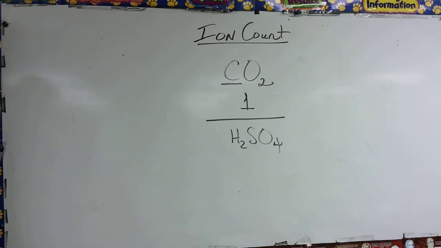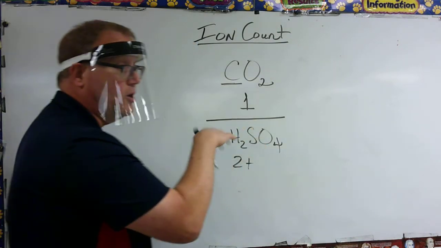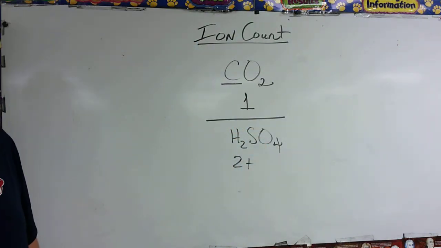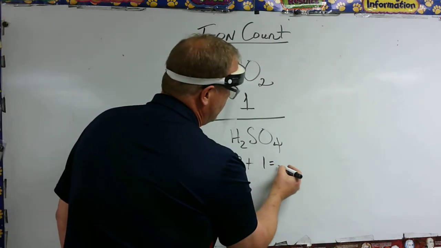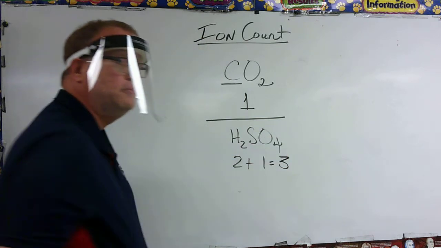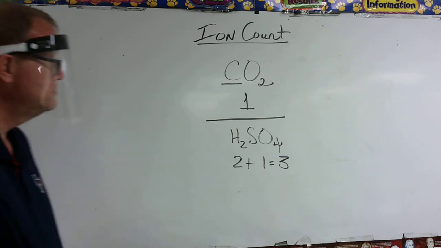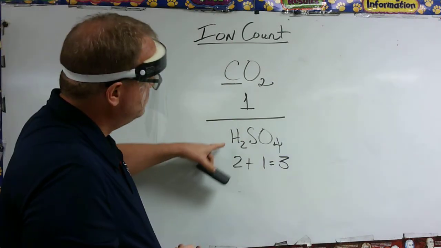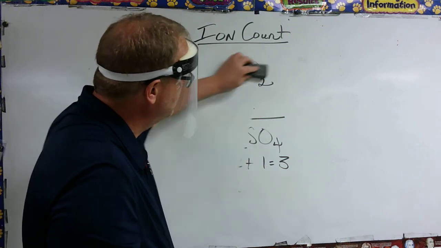We have 2 hydrogen ions, plus this remaining part, no parentheses, I have 1 sulfate ion. What is my total? 3. Any questions on that? We don't count that as covalent, by the way. It's got ions.